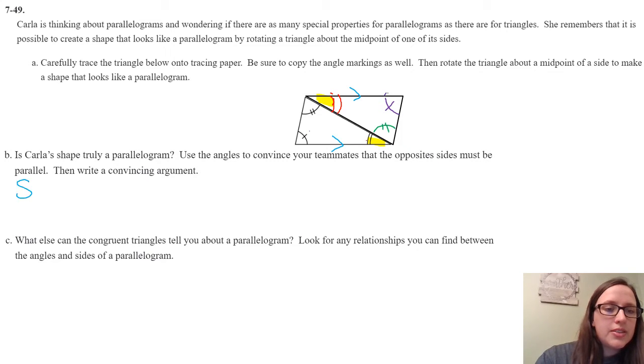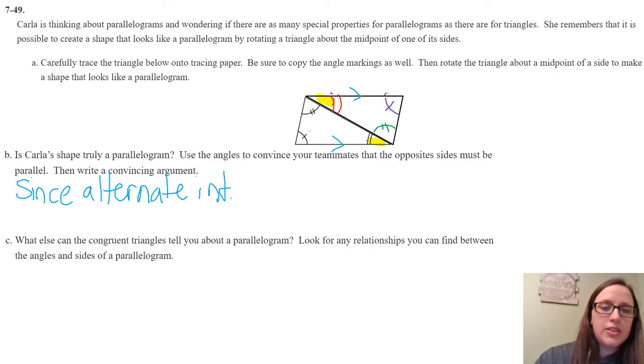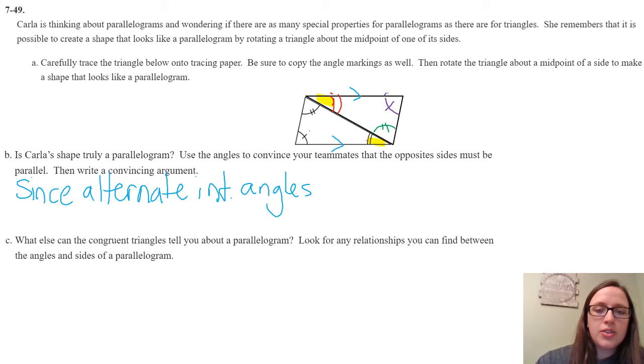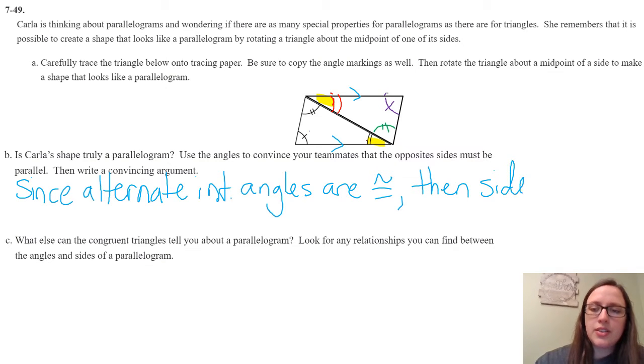So we can say since alternate interior angles are congruent, then sides must be parallel.